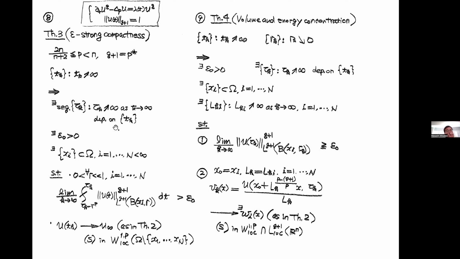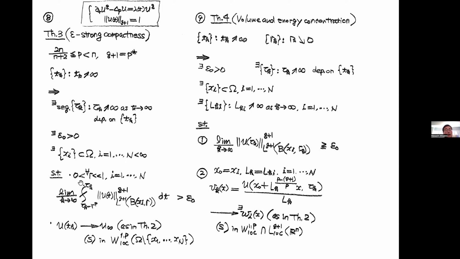We also have a positive number, epsilon naught, and finite points xi in omega, such that the following formula and convergence hold true.